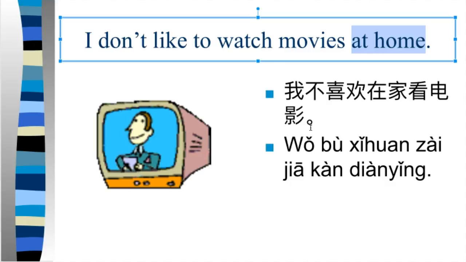Why do locations go before an action in Chinese? The reason is because you want to give a general context for an action. Chinese is very contextual. So you always want to describe the context before you reveal the actual action that happened.